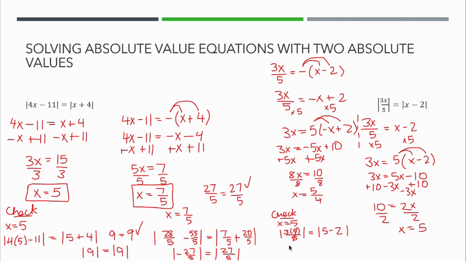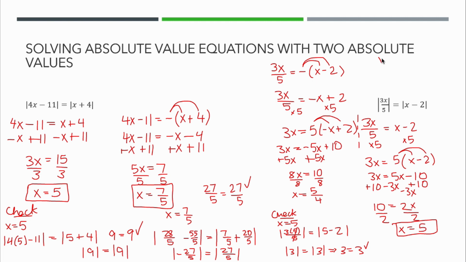And we end up with the absolute value of 3 is equal to the absolute value of 3. And this becomes 3 is equal to 3. So that's good. I'm running out of room. Okay, I'm just gonna do it up here as small as I can.